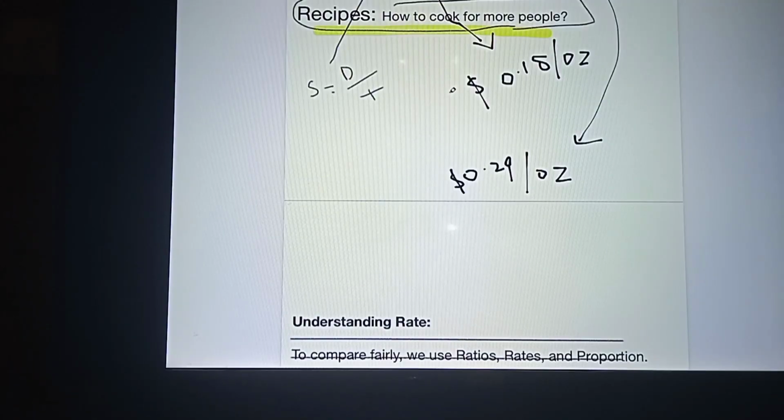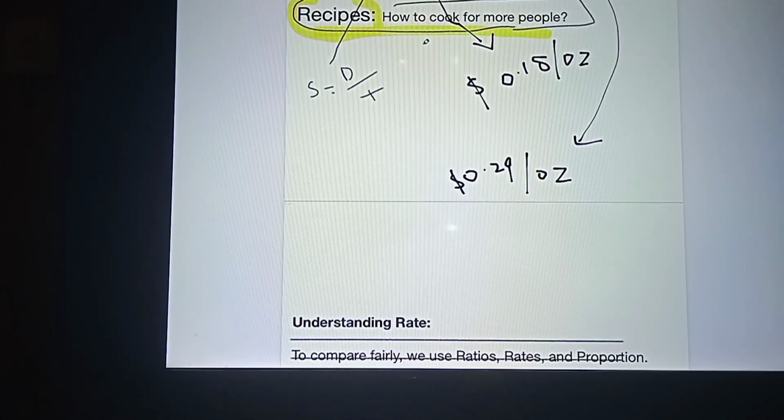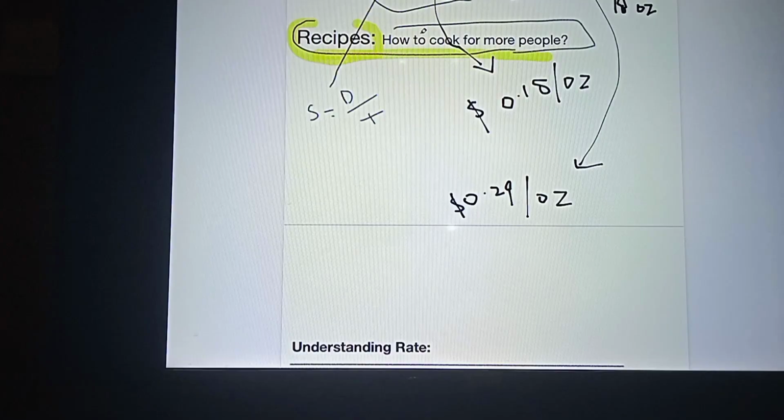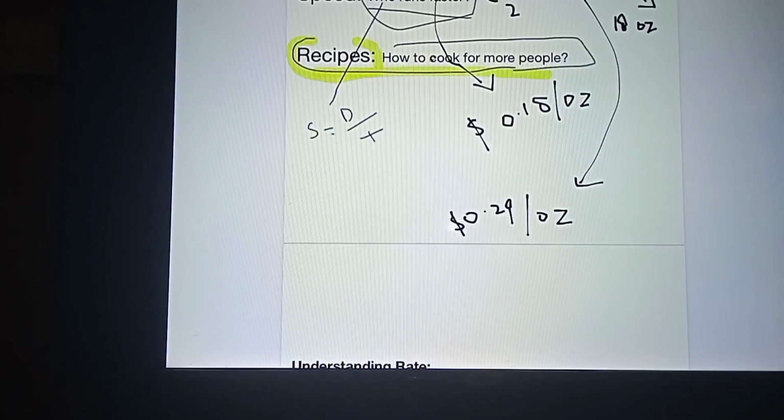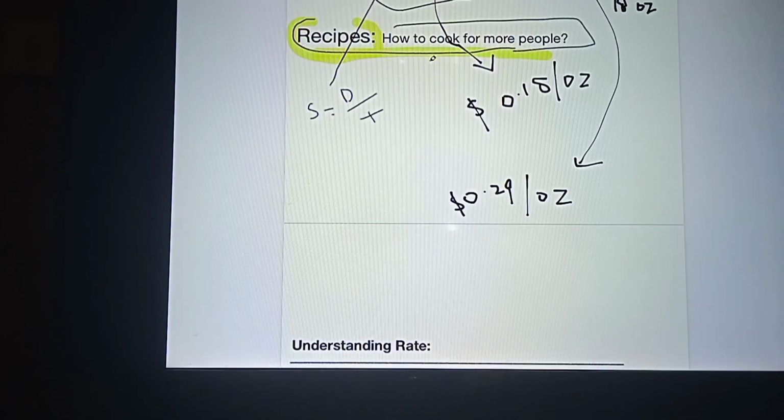For example, a particular recipe serves 4 people, and we want to serve it for 10 people, then we need to use some calculation.